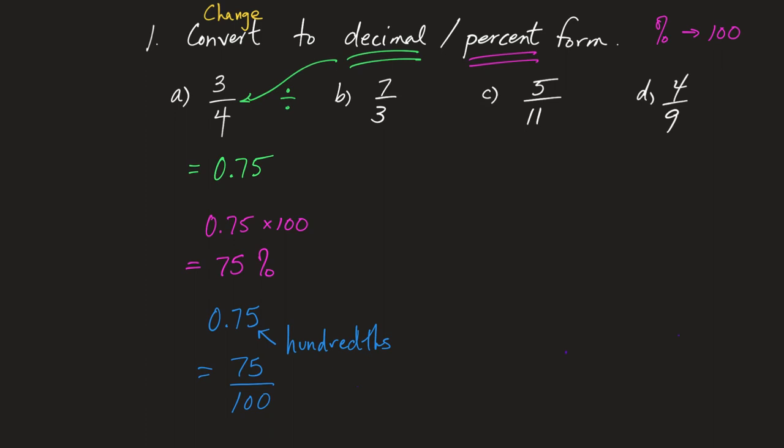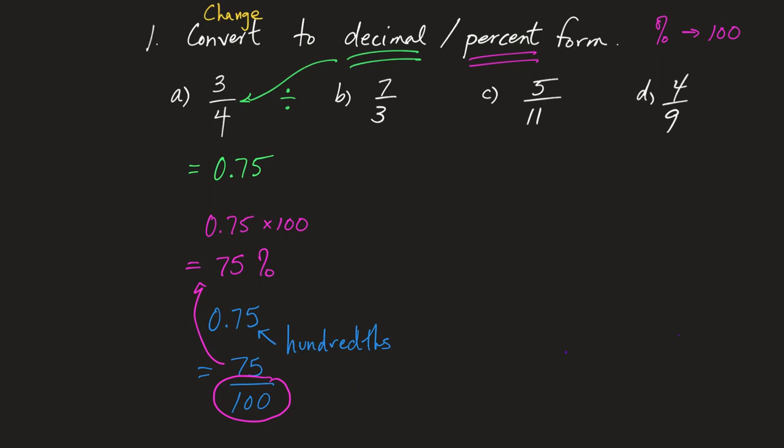And since all percentages are out of 100, I can see my out of 100 right here. And I can see that my top value is 75. Just a different way to think about it. For most of us, I think we're dealing with the pink. So to change a fraction to a decimal, we have to do the division. To change into a percent form, maybe we're thinking about out of 100.